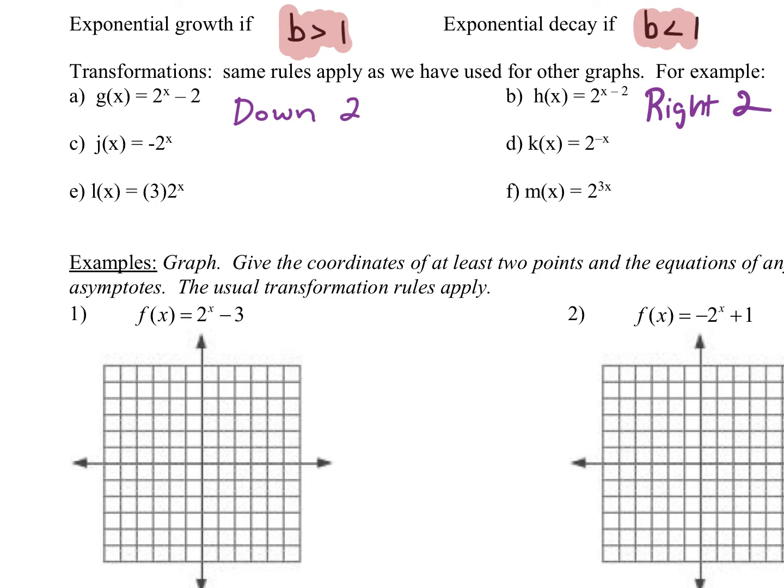Part C, we are multiplying times a negative outside the operation. So this will be a vertical reflection. And when we multiply times a negative in the operation, that will create a horizontal reflection.